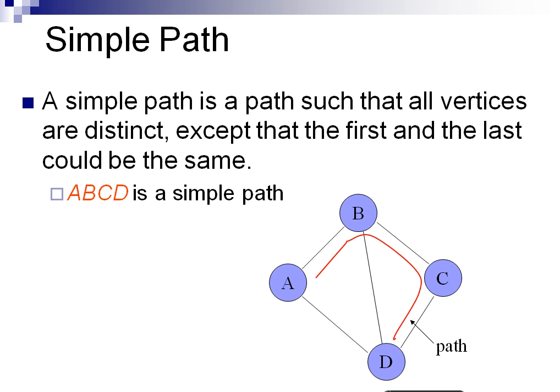Hence it forms a path here. Now the first and the last vertex can be seen. If they are the same, you have a closed graph. So a simple path here in this figure, we can say A, B, C, D is a simple path.